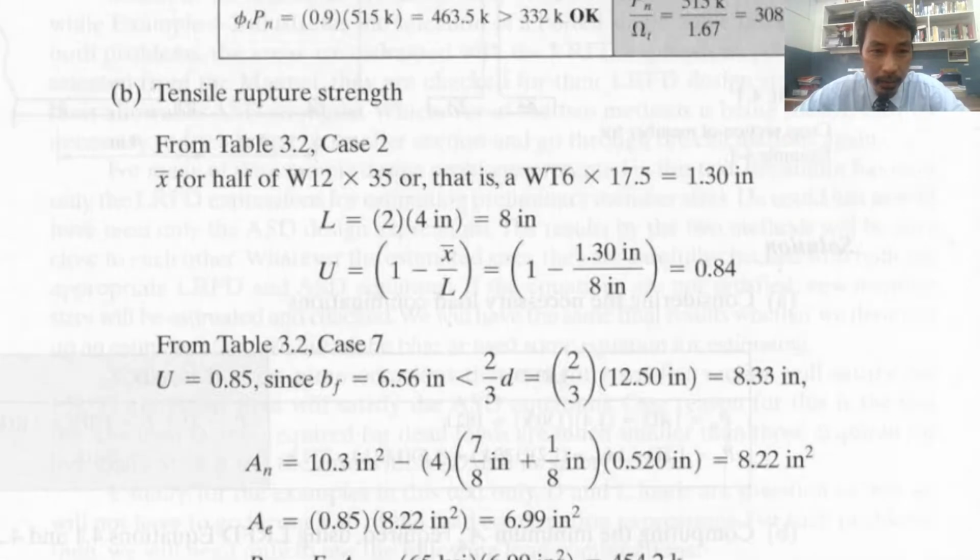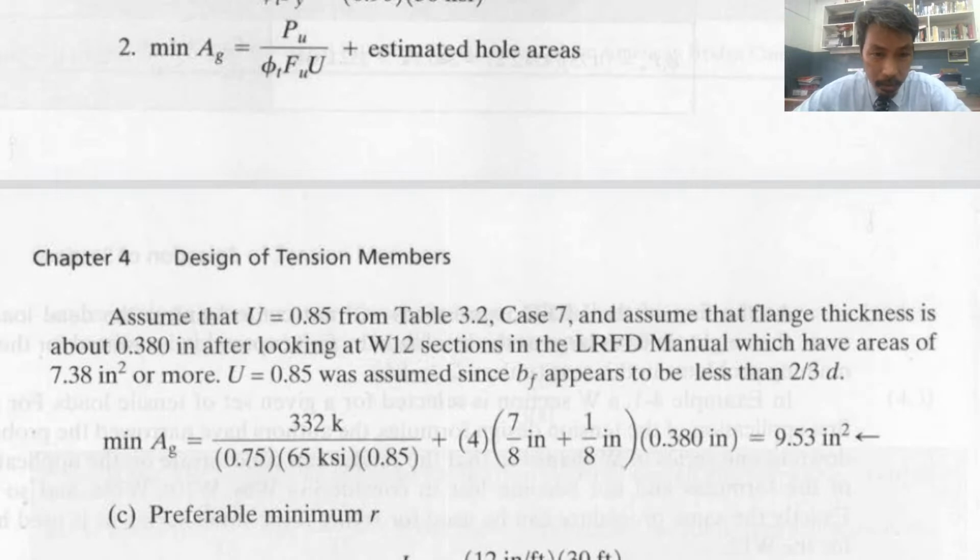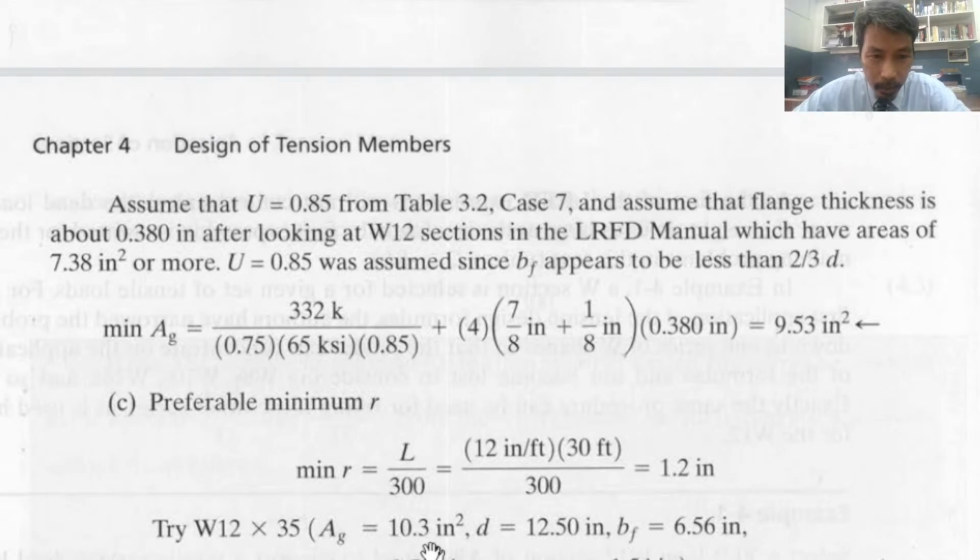So that is our concept for R. Okay, so R. So therefore, you will have here minimum R. Okay. So, for example, L over 300.